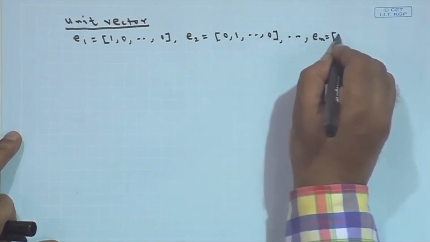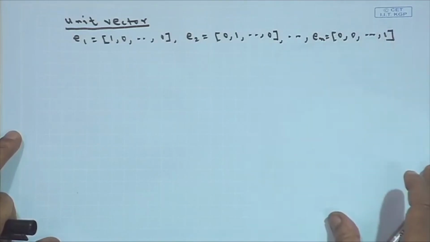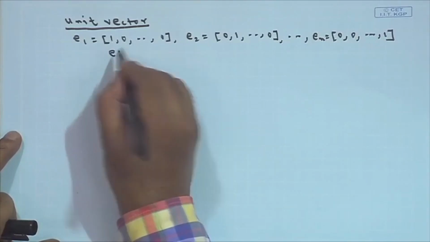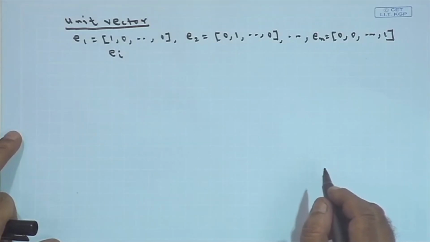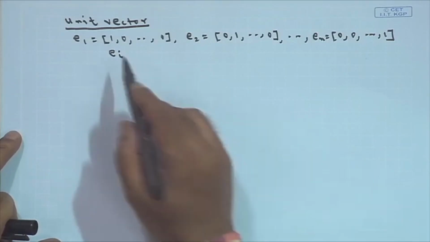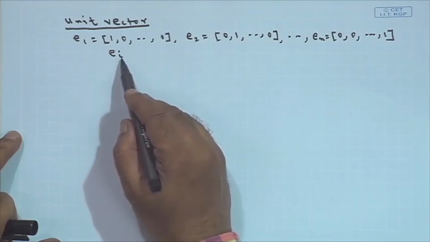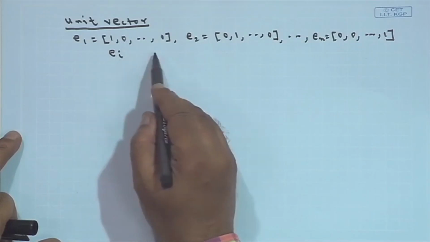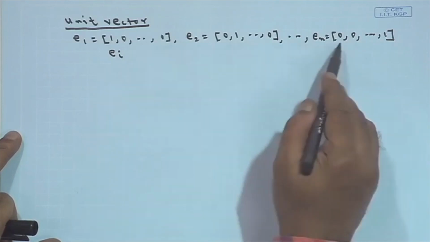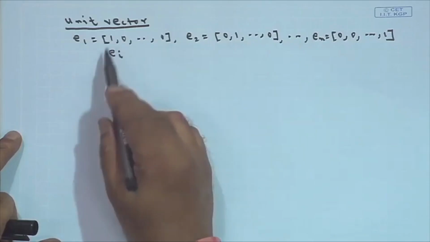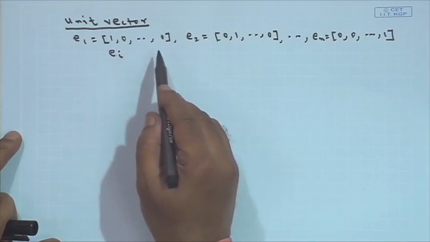Similarly, En will be like this. Basically the unit vector you can denote by Ei, the vector with unity as the value of the ith component, or in other words, for Ei the value of the ith component will be 1 and the value of the other elements will be 0, which we have represented like this. I think it is clear that the unit vector is the vector whose ith component is 1 and all other elements are zeros.